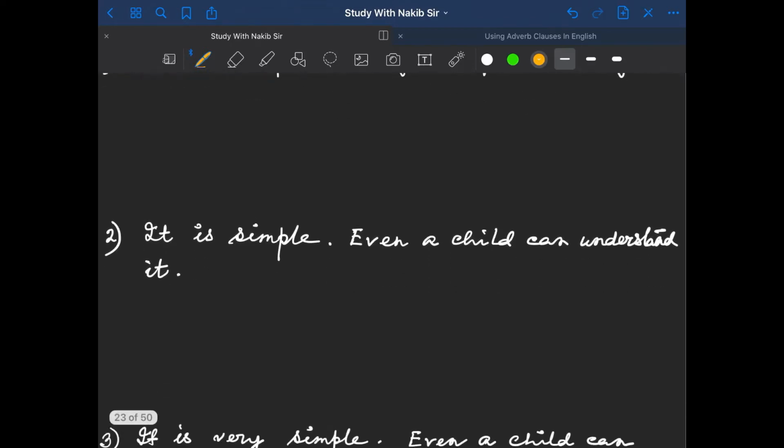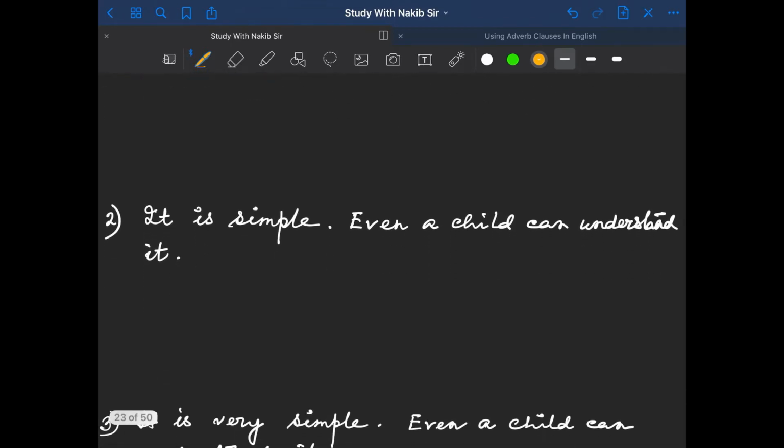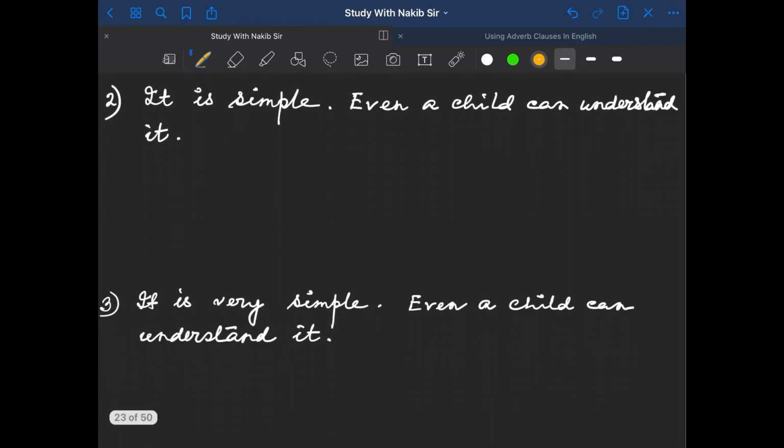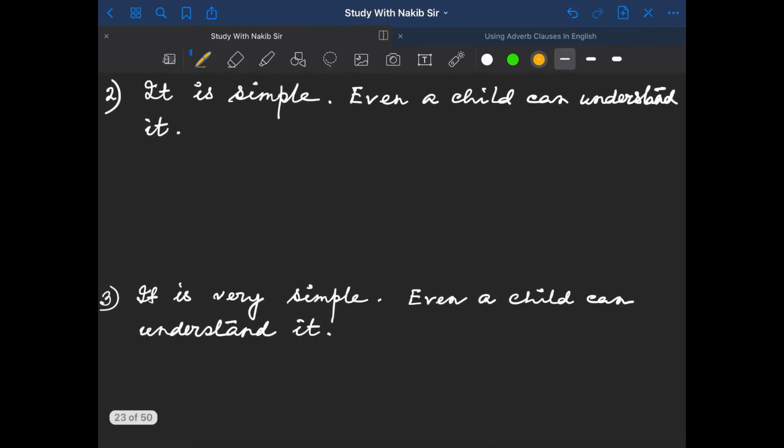Number 2: It is simple. Even a child can understand it. And number 3: It is very simple. Even a child can understand it. Questions 2 and 3 are almost the same. In number 2 the first sentence is, it is simple. In number 3 the first sentence is, it is very simple. Okay, now pause the video and do your work.